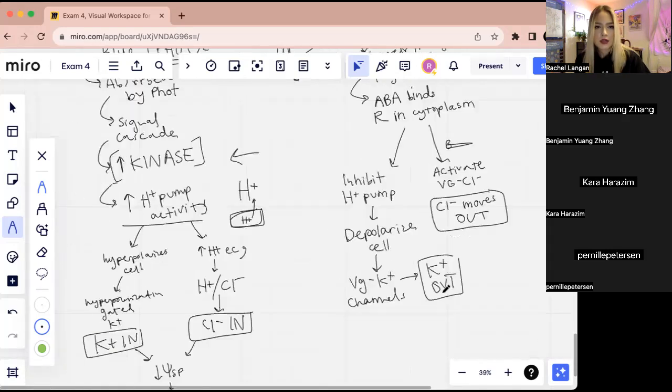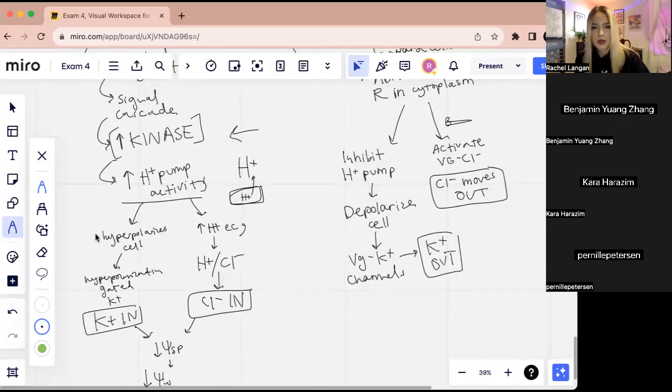So you can see the difference in the two flow diagrams. When you have hydrogen pump activity, that's going to hyperpolarize the cell, and the electrochemical gradient for these ions is in. Over here, when you inhibit the hydrogen pump, you depolarize the cell, and now those ions actually want to both move out.